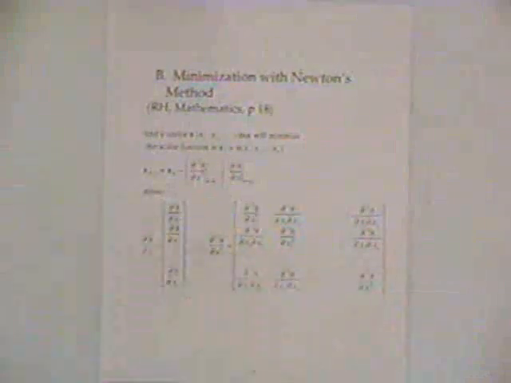Okay, let's then move on to another kind of Newton's method. This is on the top of page 7 in your handout. And this is a technique which is designed to minimize a scalar function of several variables. All right?